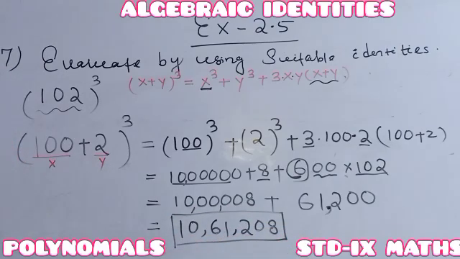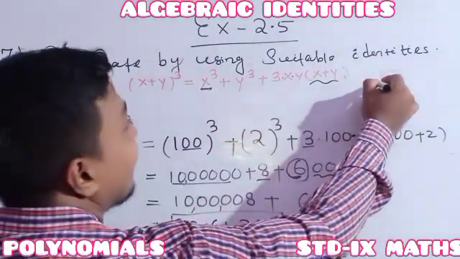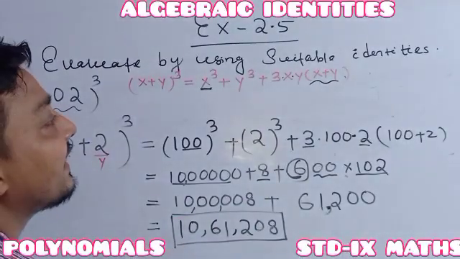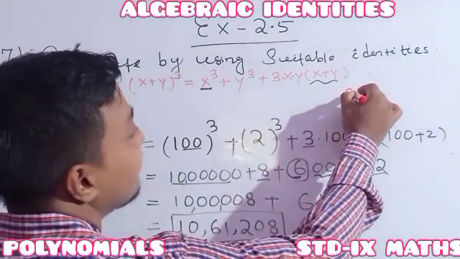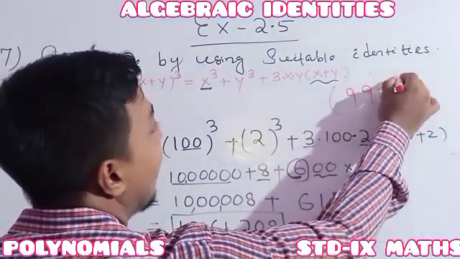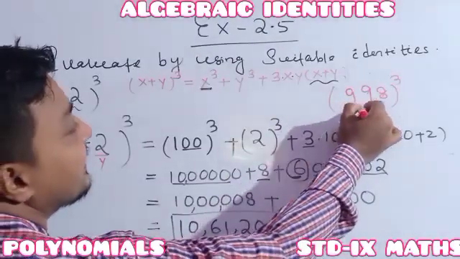So just like this question I have done, next question is given in this form. Next one, one of the questions is given: 998 cube. How to break it, only I am saying. See, this one is a 3-digit number.